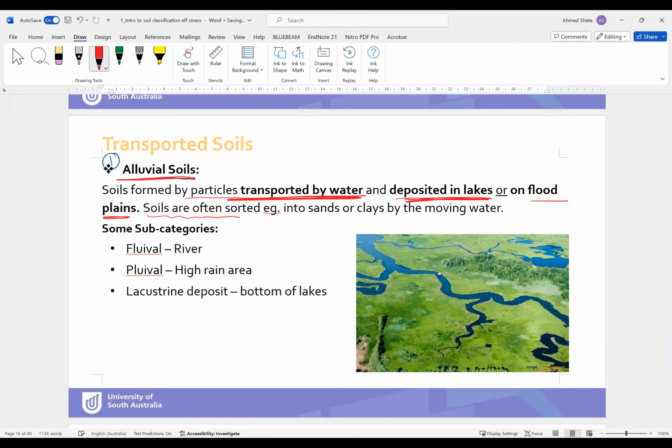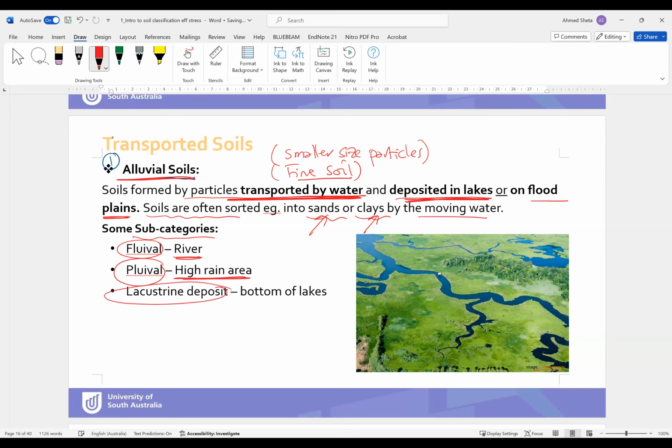These soils are often sorted into sands or clay by the moving water. So they are fine soils, with smaller size particles, like clay, sand or silt. This type of soil also has some subcategories: fluvial, if it is deposited in a river, and pluvial, if it is deposited in a high rain area.